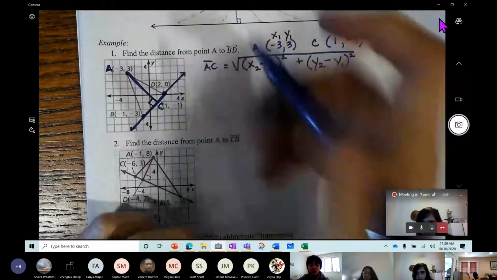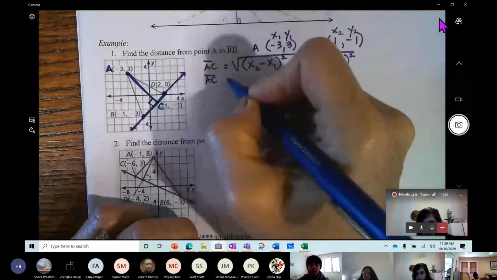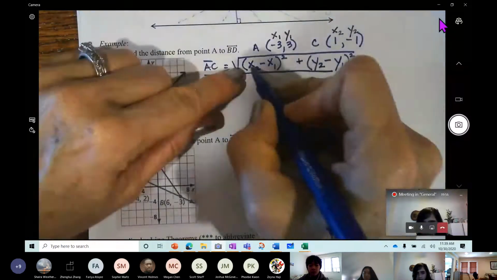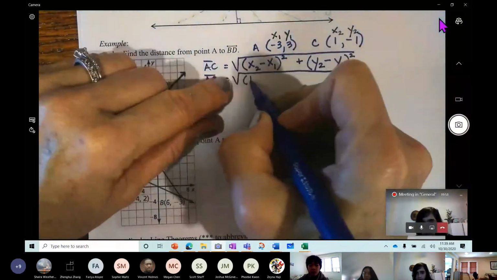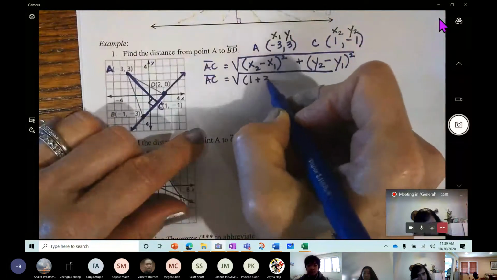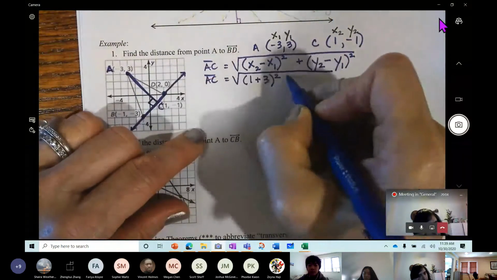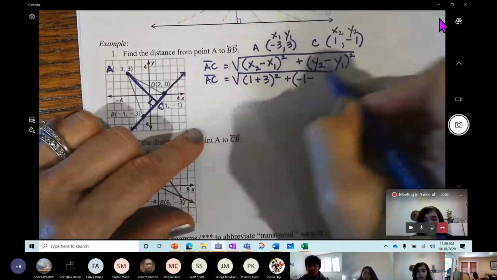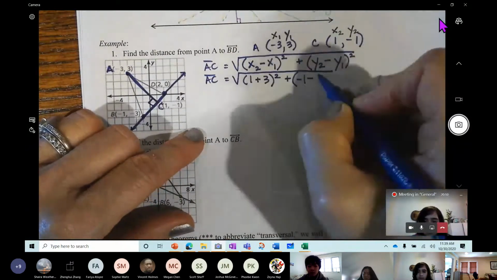So we have that AC. So x2 is 1. x1 is -3. So I'm going to go ahead and make it +3. y2 is -1. And y1 is 3.